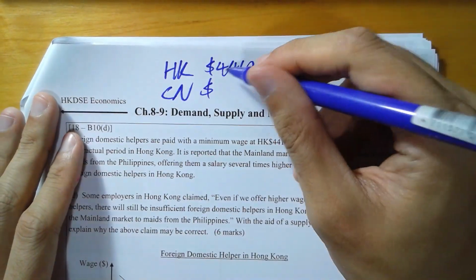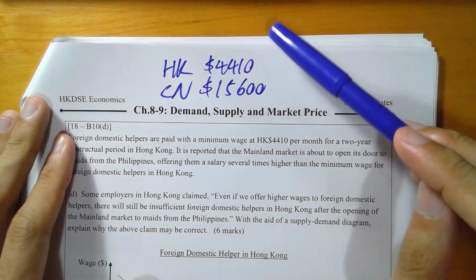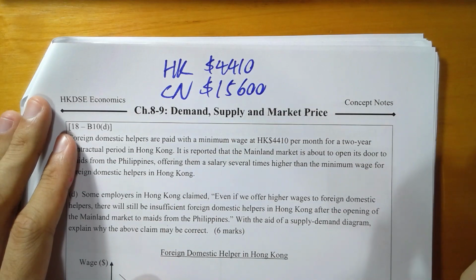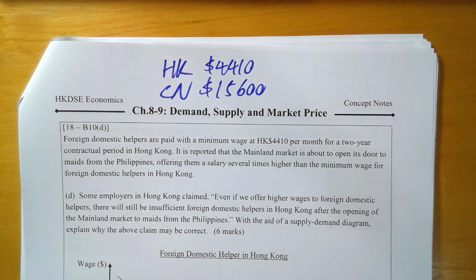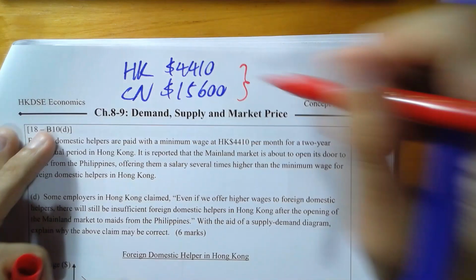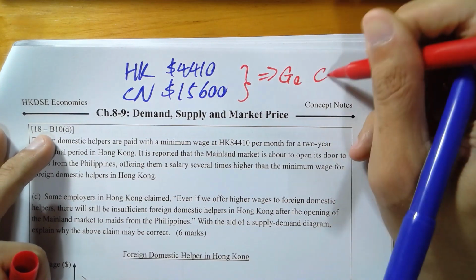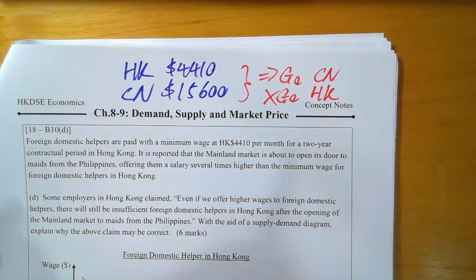I think right now is actually around 15600. 香港嘅人工就4410，中國嘅人工就15600。So think about it. If you're Ban, where would you choose? You would choose to go CN, not go Hong Kong.